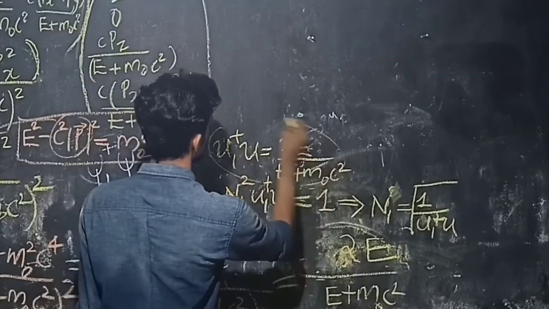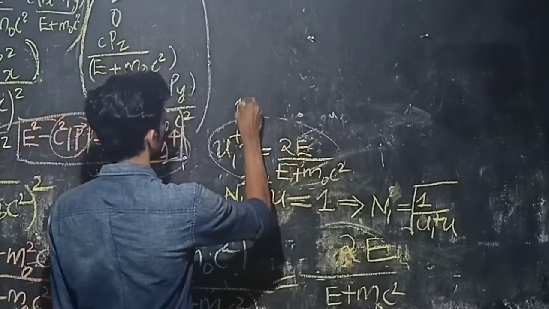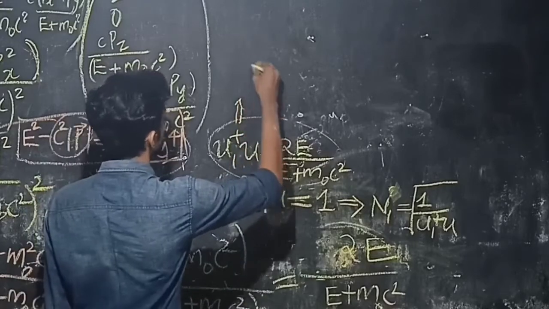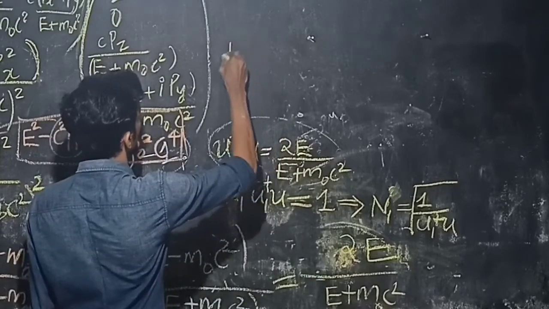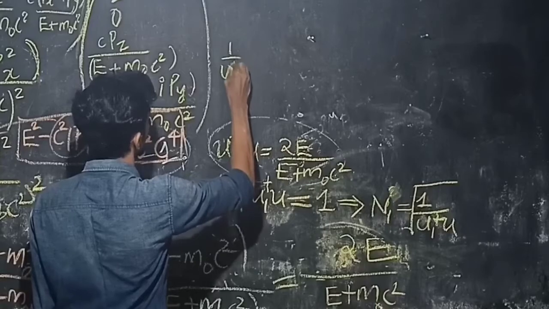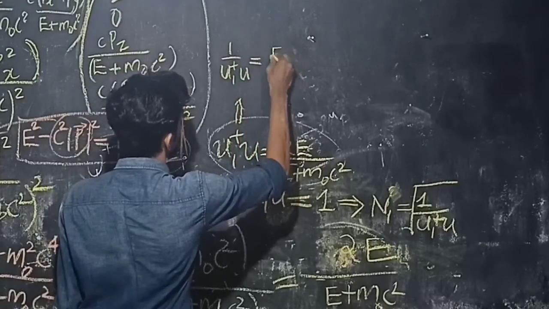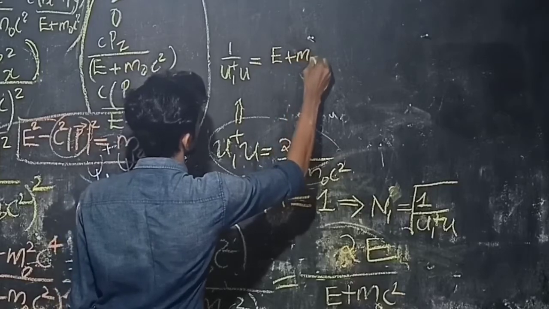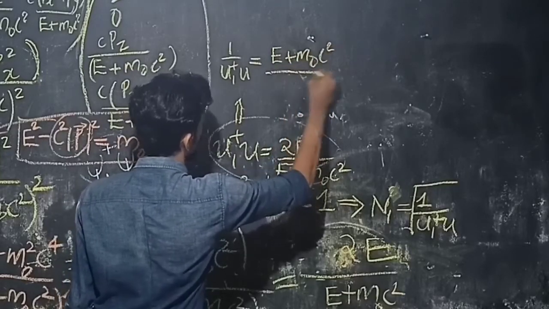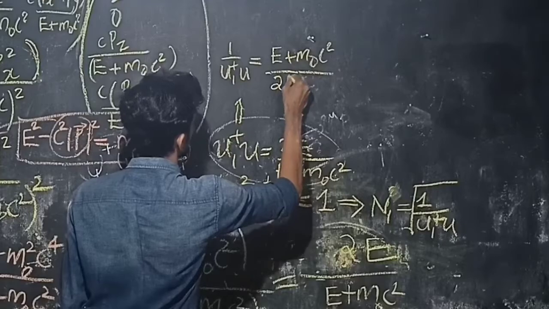From this equation you can see that 1 over u1 dagger u1 is equal to E plus m naught c square over 2E.